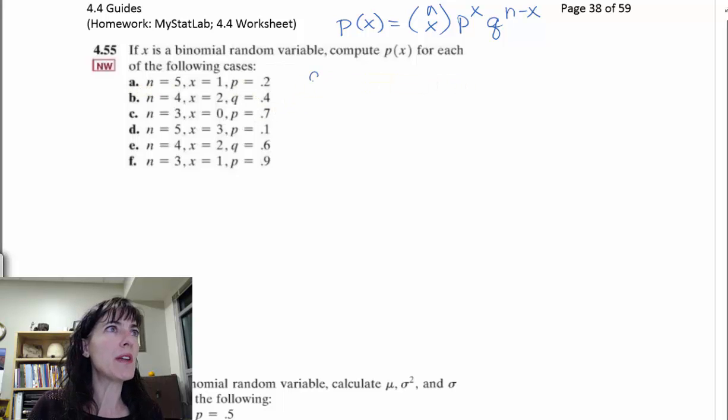So for part A, I have probability of 1, because that's what my X is, equals, n is 5, so 5 choose 1.